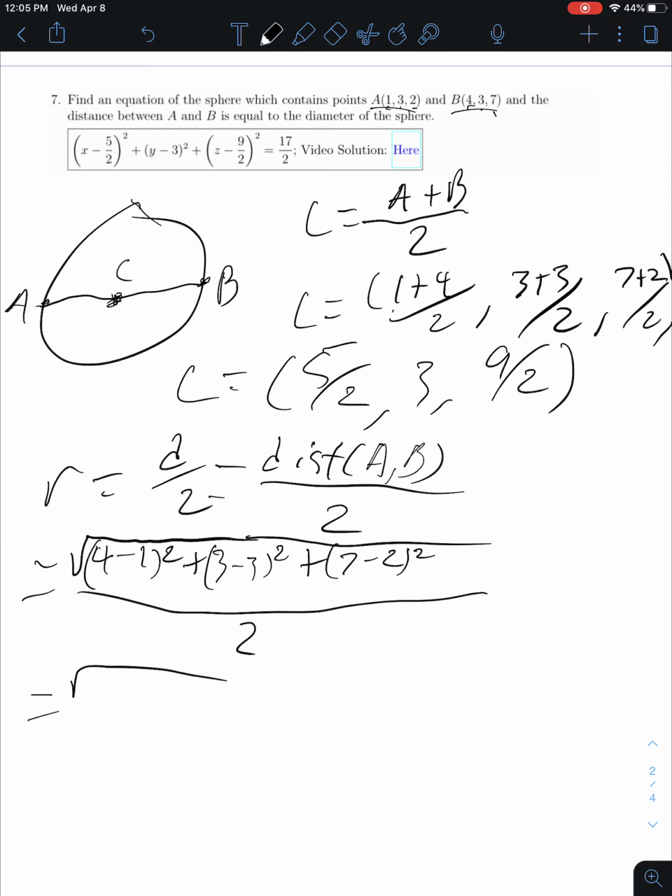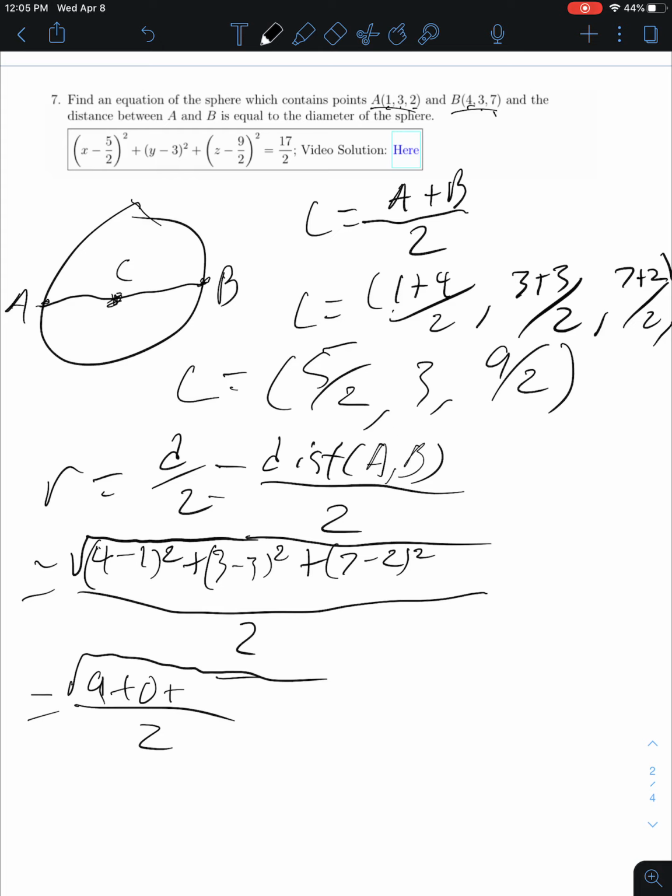So that's equal to square root of, this becomes 9 plus 0 plus 4 all over 2. So sorry, that's not 4.